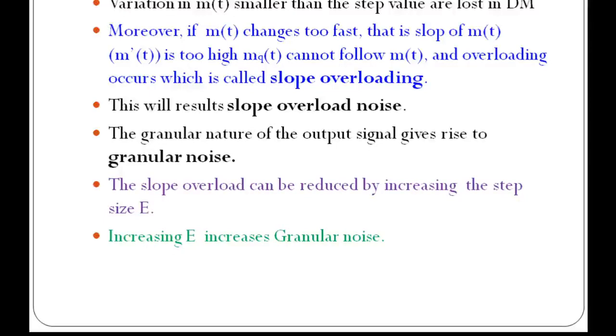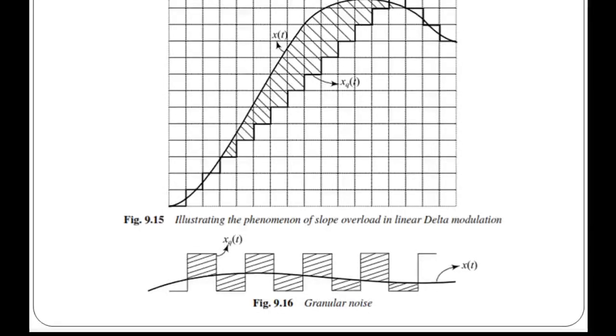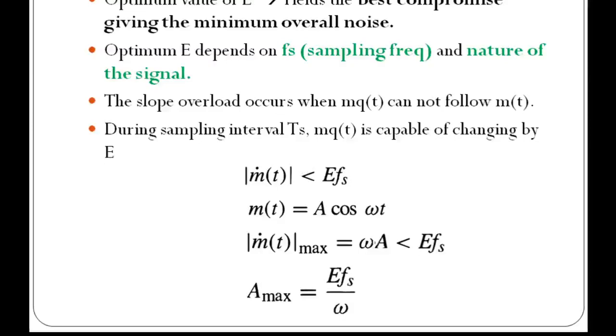We have to find the maximum slope that can be allowed, that is, we have to find the optimum value of this step size E, which will give minimum slope overload as well as minimum granular noise.